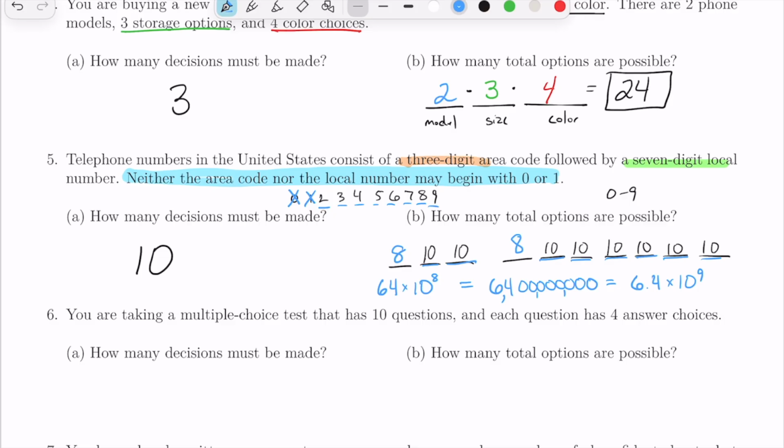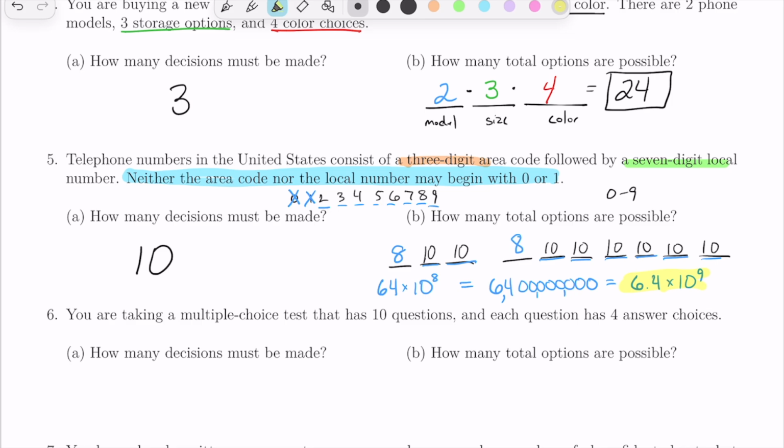So 64 times 10 to the 8th is really close to scientific notation, but the proper way of writing scientific notation, and how your calculator will do it, is more like this, where the first number is some number between 0 and just less than 10. So you can see 6.4, so we just have one number in front of the decimal.